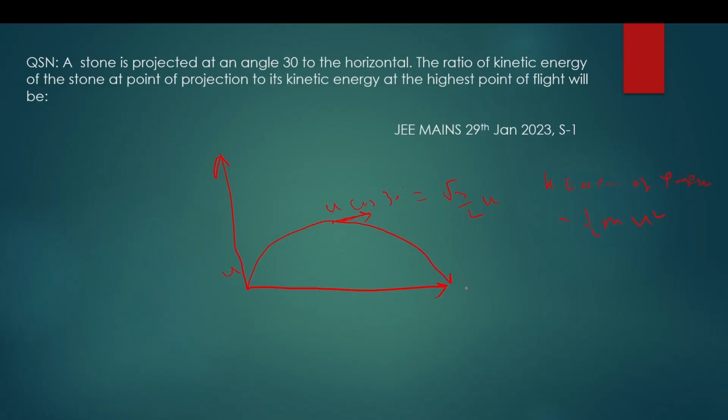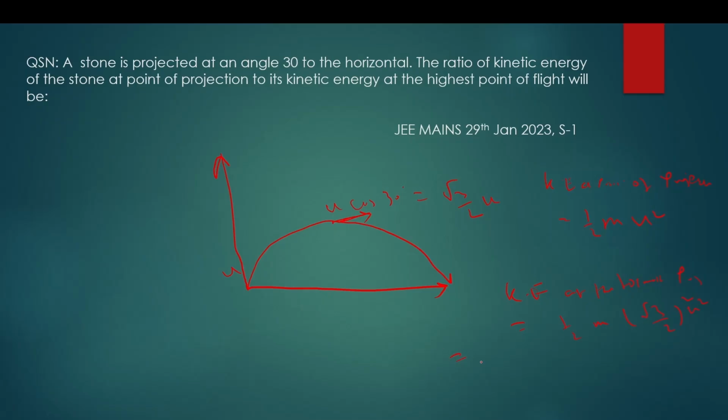And the kinetic energy at the topmost position is half m, where m is the mass of the body, into (root 3 by 2 u) square.